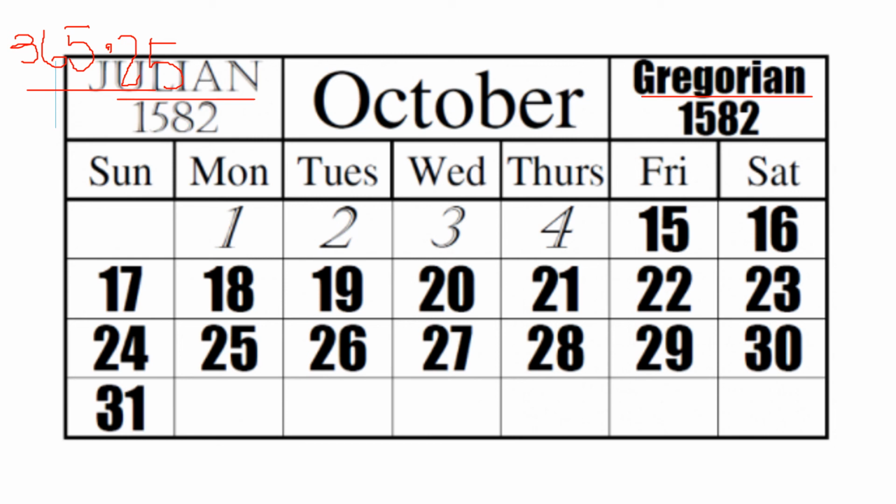The Gregorian calendar is the calendar we all use today. It was introduced in October 1582 by Pope Gregory XIII. It's a modification of the Julian calendar, reducing the average year from 365.25 days to 365.2425 days.